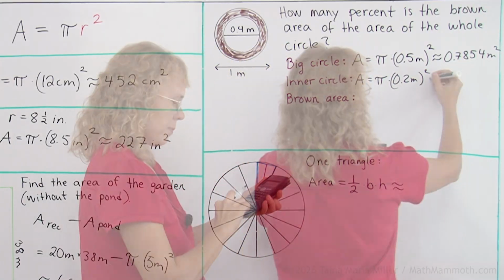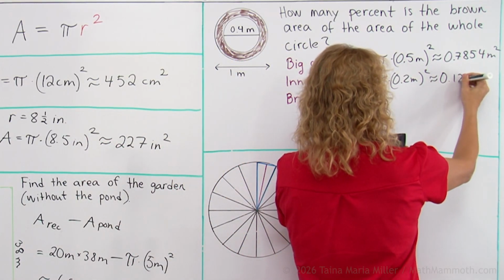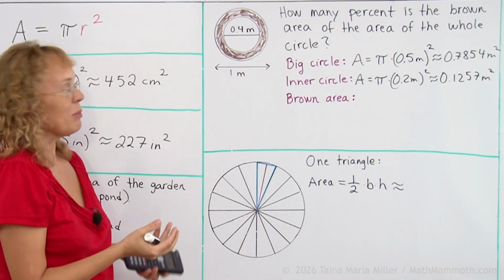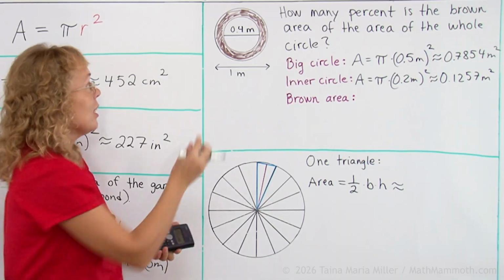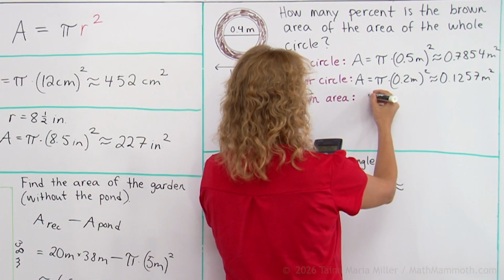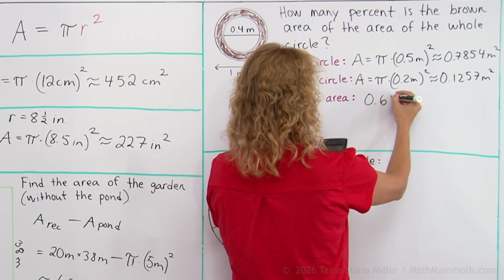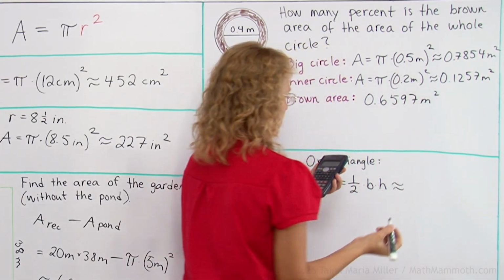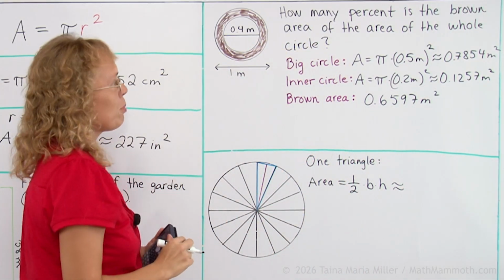And we will get about 0.1257 square meters. Now we subtract those to get this brown area, right? And so the brown area is about 0.65997 square meters.